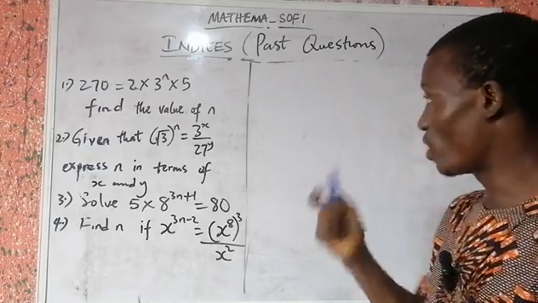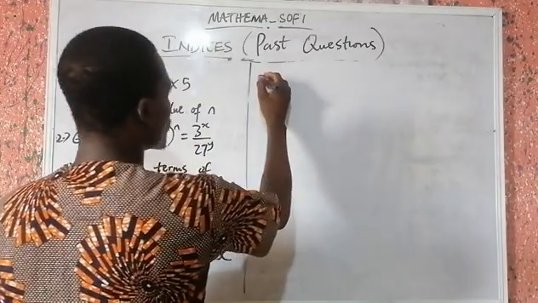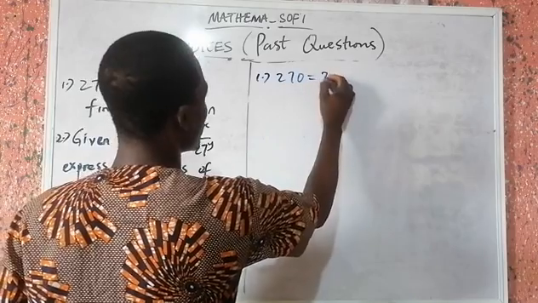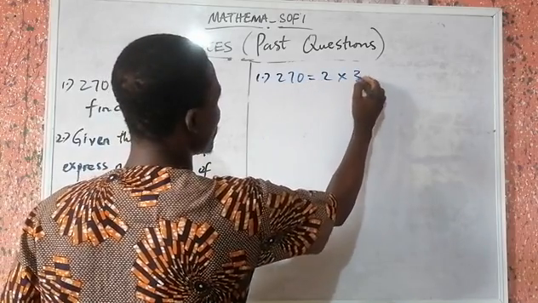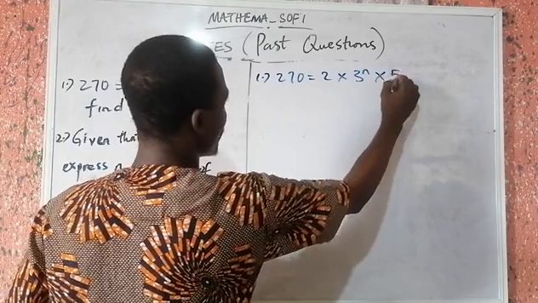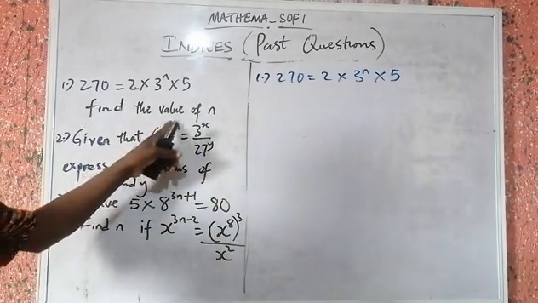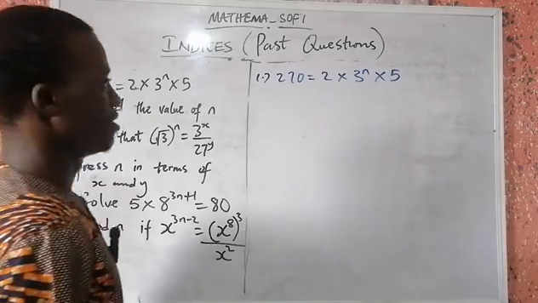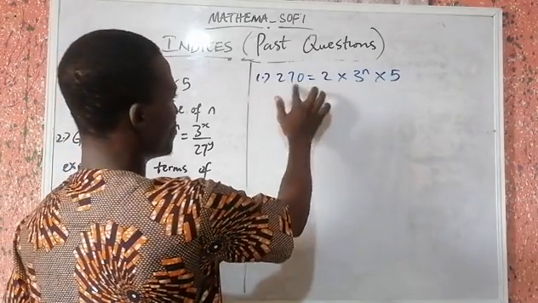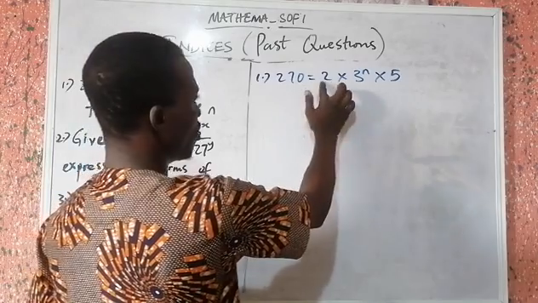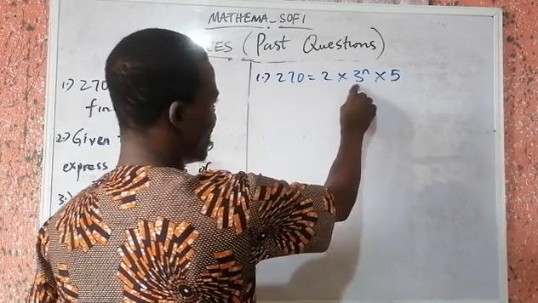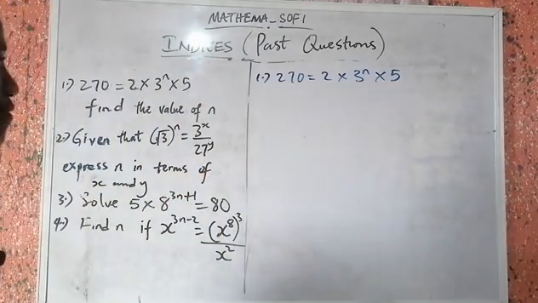Question 1, we have 270 equals 2 times 3 raised to n times 5, and they ask us to find the value of n. So in this equation, I can observe that this is an ordinary number, this is an ordinary number, and this is the only one that is written in index form.